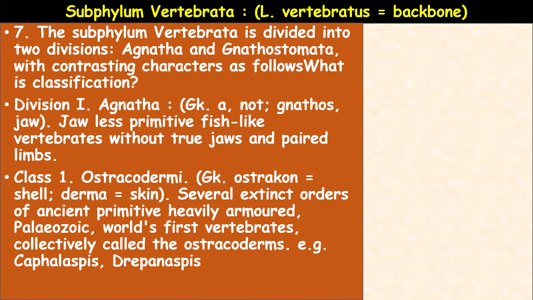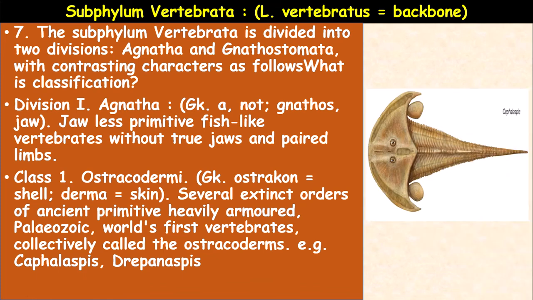Several extinct orders are there. So here example, you see Cephalaspis, this is ostracodermy, the shell like skin.